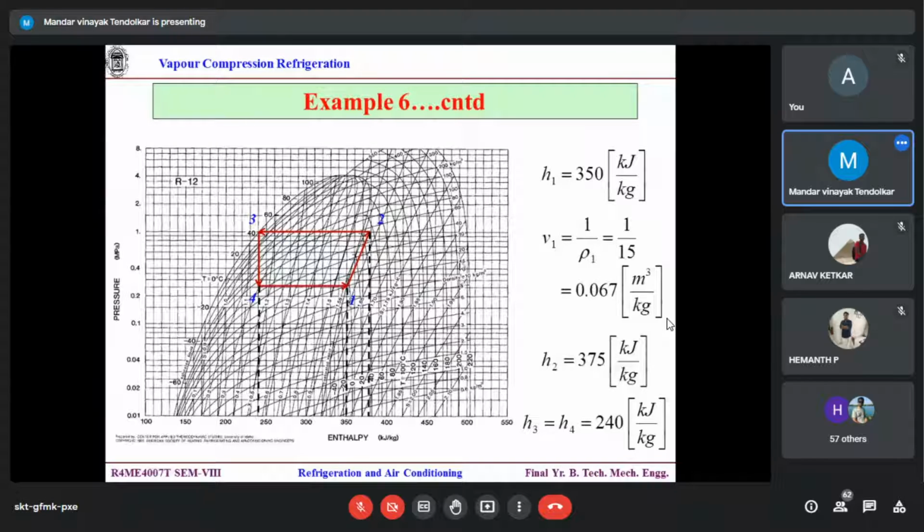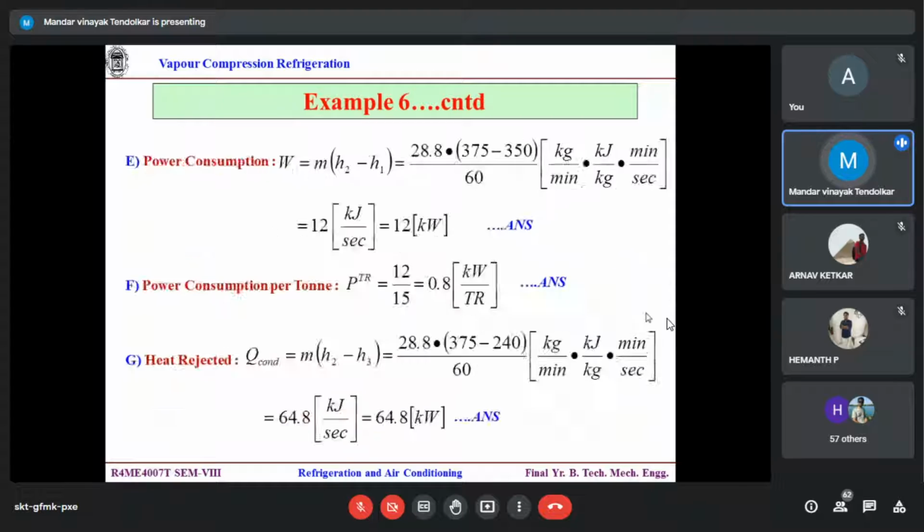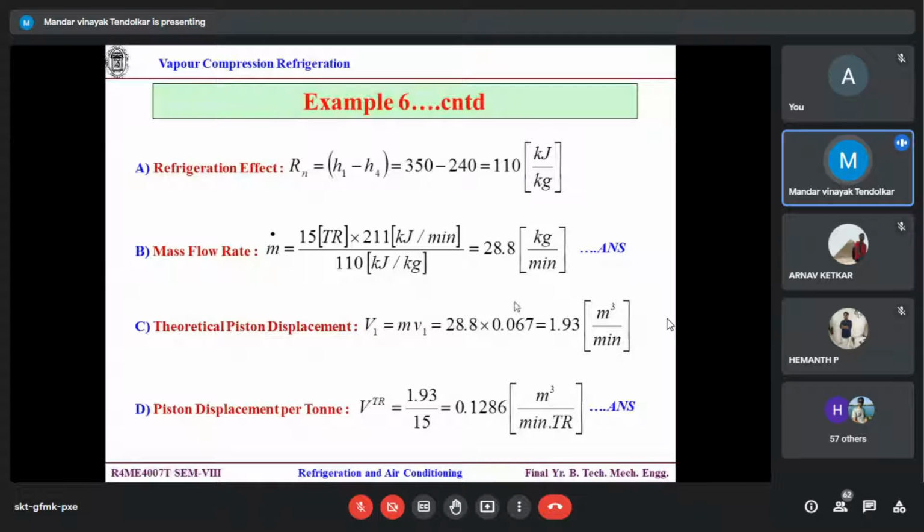This is 10, this is 15, 20, 30, 40, like that. Here it is around 15. So density is 15 kg per meter cube, and the reciprocal of that is meter cube per kg. That is what you substitute over here, so you get the theoretical piston displacement.